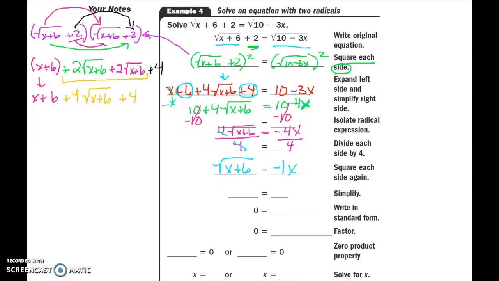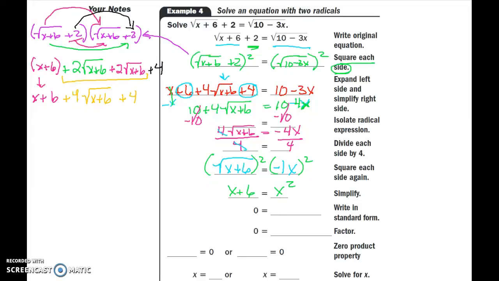That was great. Okay, so now we're finally down to this simple little radical equation like we started with way back at the beginning of the first tape. So now I can just take both sides and square it, which gives me x plus 6 equals positive x squared. Okay, guess what?